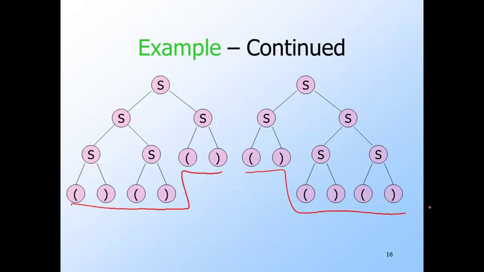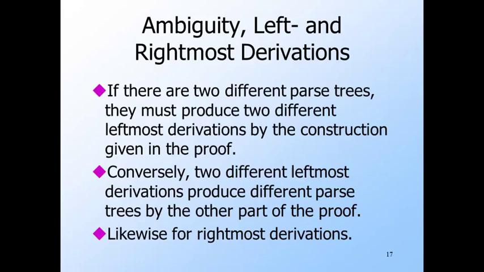The first replaces the first child of the root by SS, and the second does the same but with the second child. Notice that the two constructions we just gave, leftmost derivations from trees and trees from leftmost derivations, have the property that two different parse trees produce different leftmost derivations, and conversely. The same is true for the analogous transformations between rightmost derivations and trees.